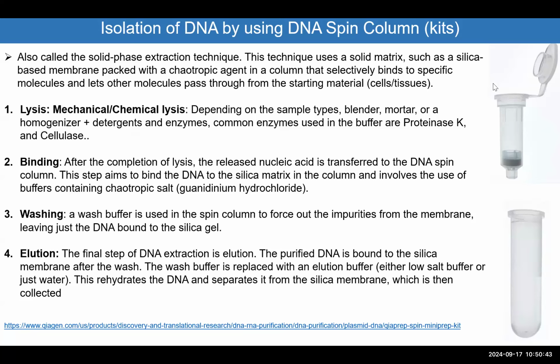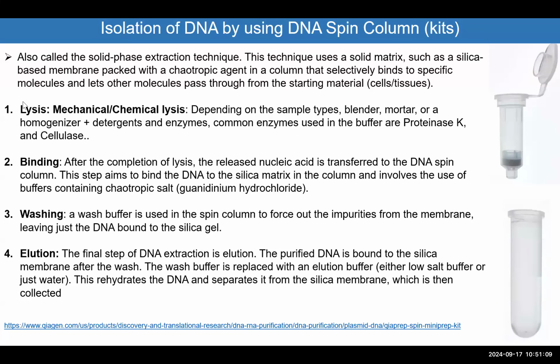These agents will specifically bind one type of macromolecule, either RNA or proteins. So this is a type of separation of DNA or RNA using a solid phase extraction method. It will save you a lot of time, but the basics of the technique are still the same.